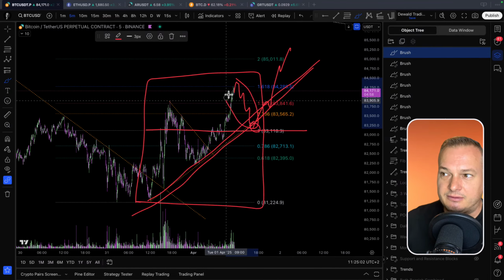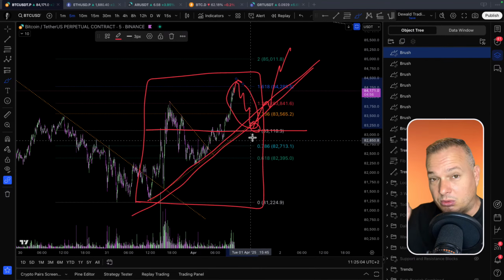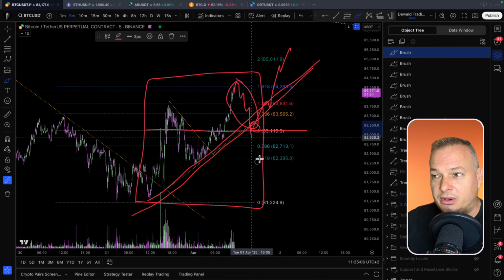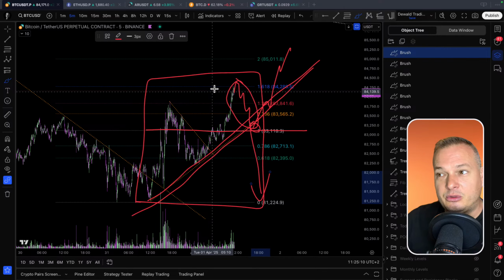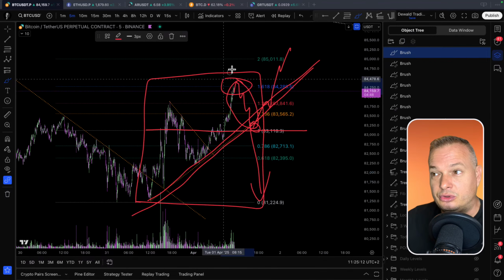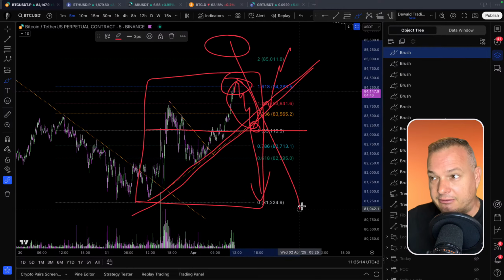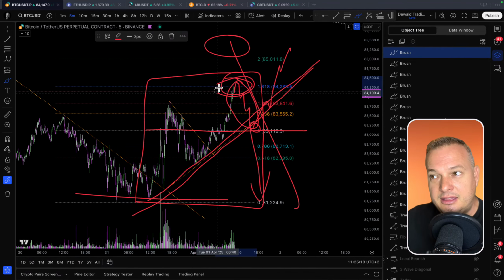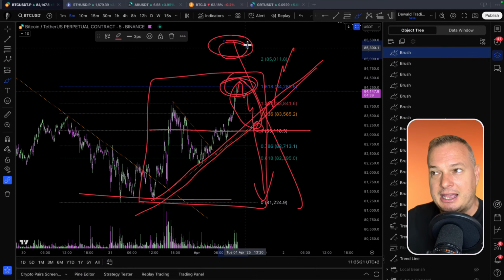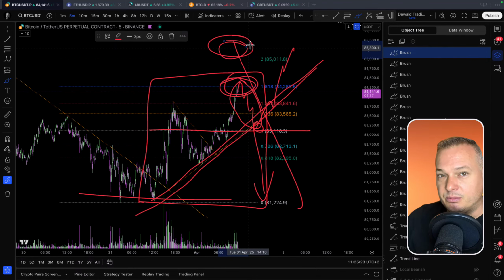So I'm looking to take advantage of this little move, but I will definitely be leaving some of the position open for lower levels because I do know from an Elliott wave perspective, there's a chance that we could reject and fall down and claim the lows again. So in these short attempts that I'm taking at the moment, I am leaving some of the position open for lower levels, but I'm still paying myself when I hit support.